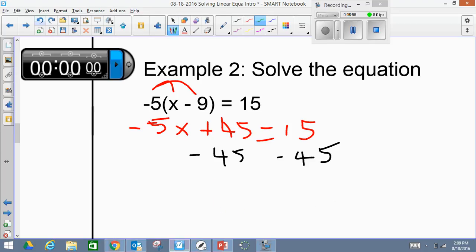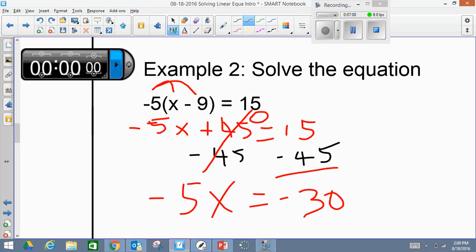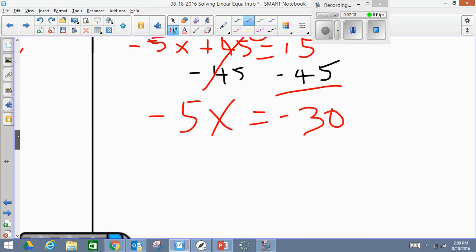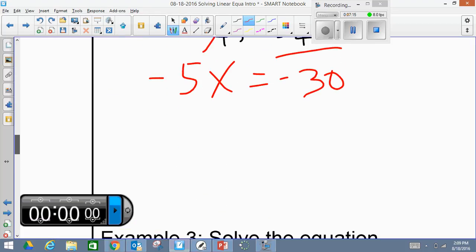Now, 45 minus 45 is going to give me 0. I bring down the negative 5x equals 15 minus 45, which is going to give me negative 30. The following step is I have to cancel the coefficient, which is negative 5.